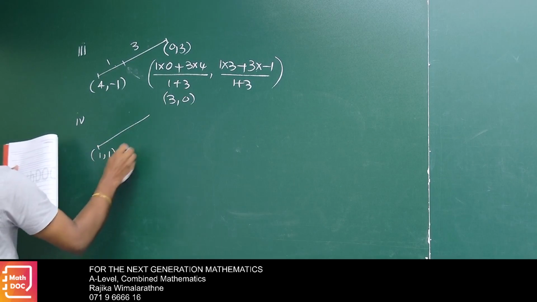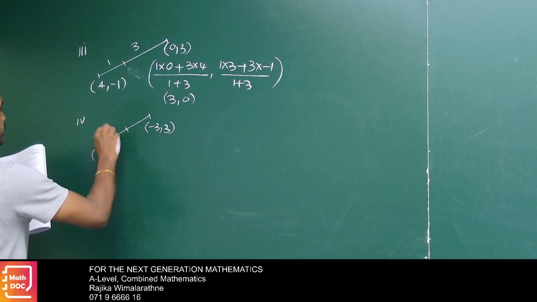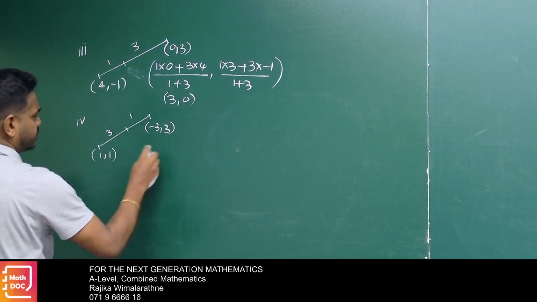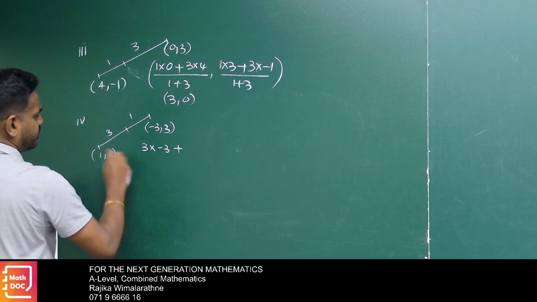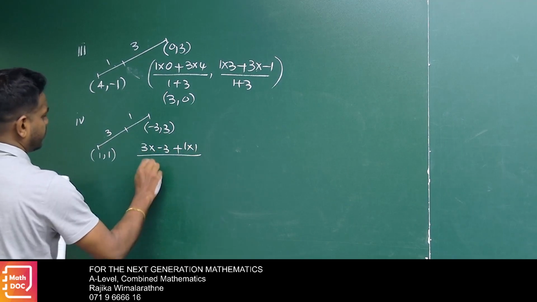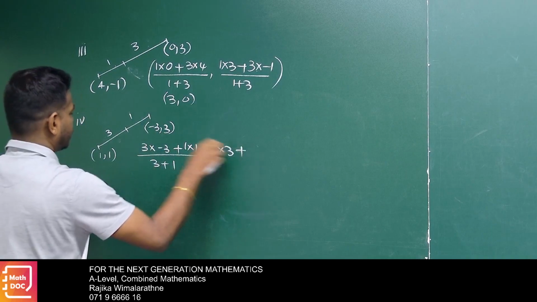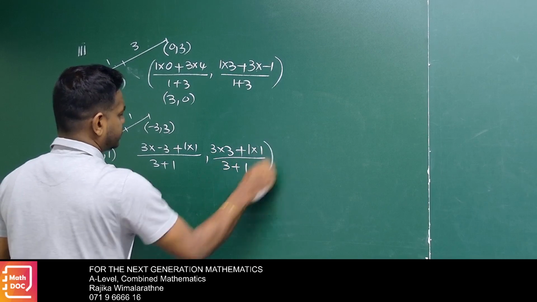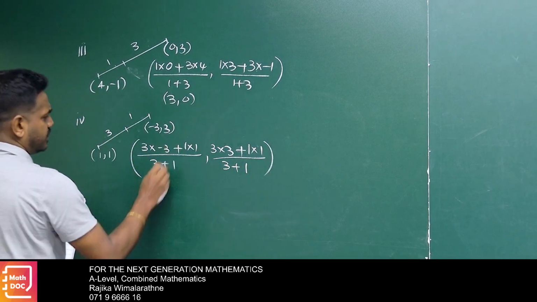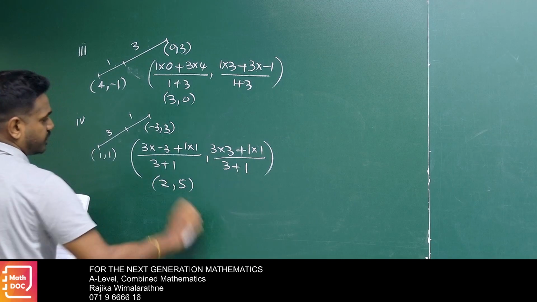Next, (1, 1), (minus 3, 3), ratio 3 to 1, first coordinate, first ratio. 3 times minus 3, 1 times 1, over 3 plus 1, 3 times 3, 1 times 1, over 3 plus 1. Here 9, 8 over 4, 2, 10 over 2, 5. Those are internal division.